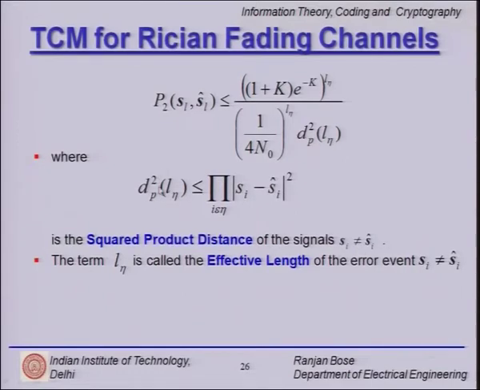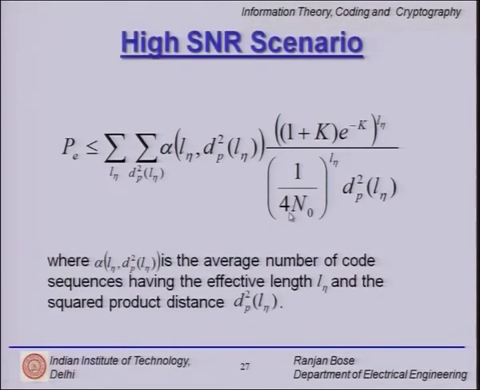So, this d_p squared is the squared product distance of the signal S_i not equal to S_i hat. This will be a very important parameter for fading channels. Specifically, we are talking about Rician fading channels. So, the term L_eta is called the effective length of the error event S_i not equal to S_i hat. We will use these two extensively for the next few slides, but it so happens that from the derivation we have come to this product, the squared product distance.